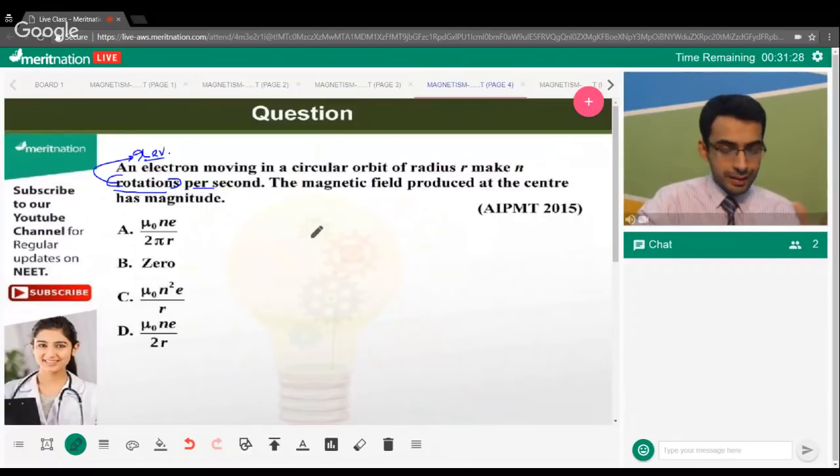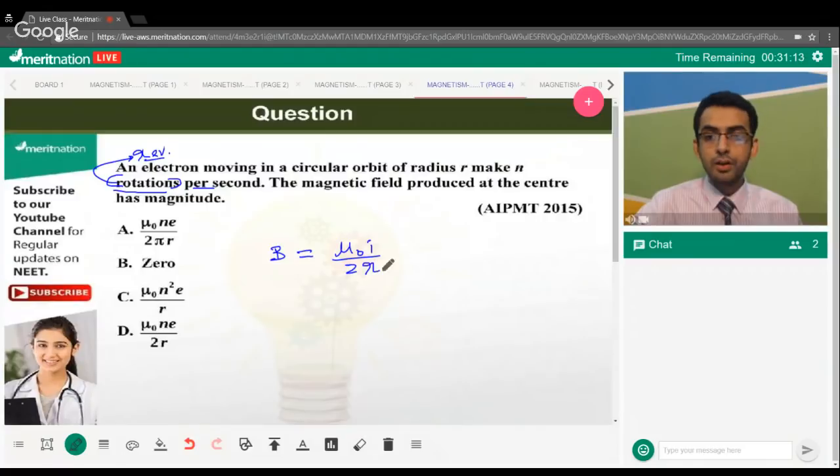So how to find that? You know the formula for magnetic field. Magnetic field is given by this formula: mu naught I over 2R. I is the current flowing in the circular loop, R is the radius of the circular loop.